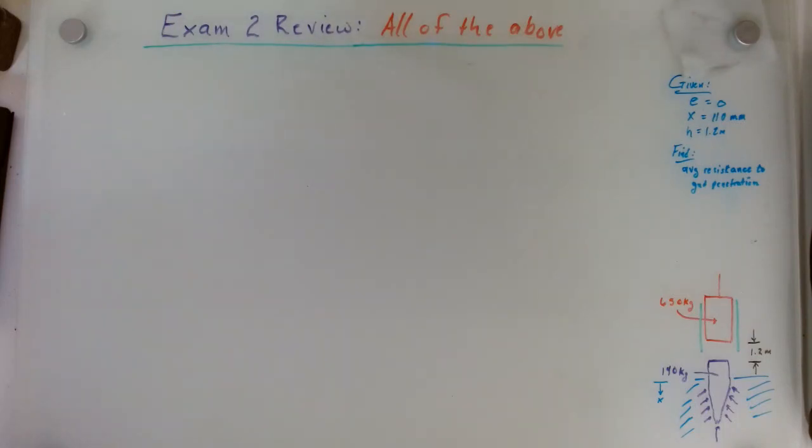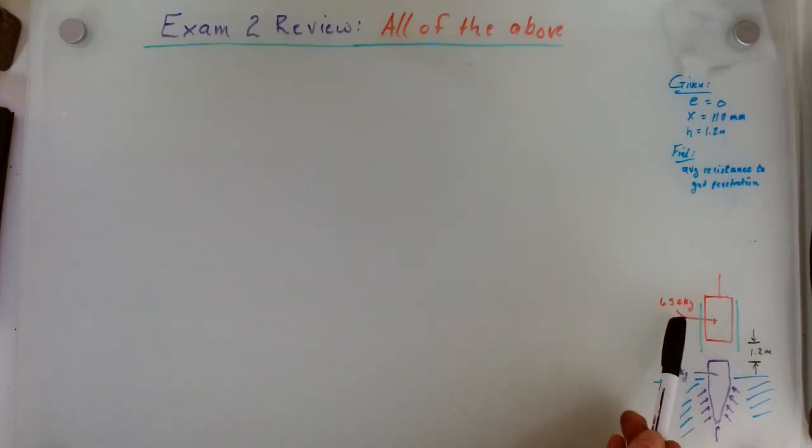We are getting ready for exam 2, doing a review problem that I am calling all of the above. The physical system is that we have a hammer being raised up 1.2 meters and then dropped onto a piling that is 140 kilograms.